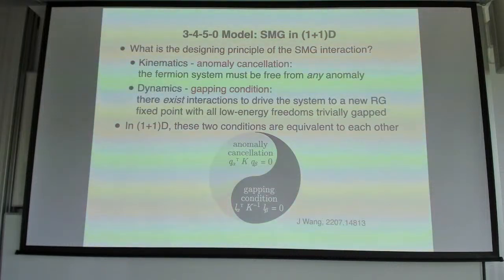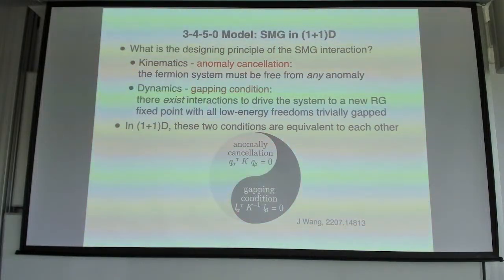What kind of interaction can drive the system to this new RG fixed point with all the low energy freedom trivially gapped? However, the only good understanding of the relation between these two is in 1 plus 1D, where it can be proven that there is a duality between these two conditions, that they are equivalent.